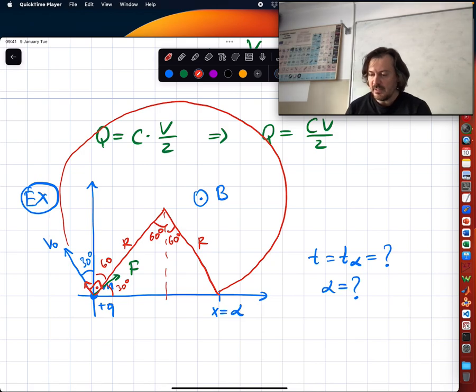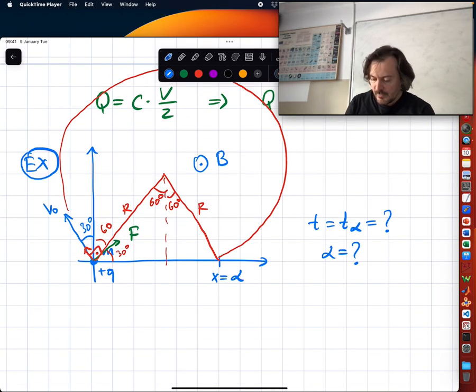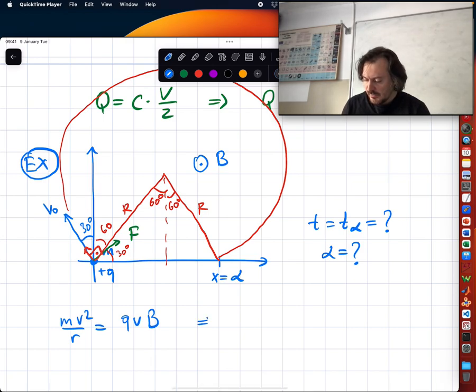So let's find t alpha first. Let's remember mv squared over R was equal to QvB, so R was mv over QB. Do you agree with this?